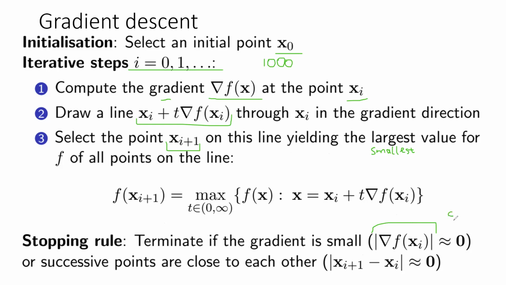Usually it's some value like 10 to the power of -5 or -10. Or we can just find the difference between our 2 points and the length of this vector, with the same criteria. However, it's similar to the gradient because we move in the direction of the gradient. That's the stopping criteria.